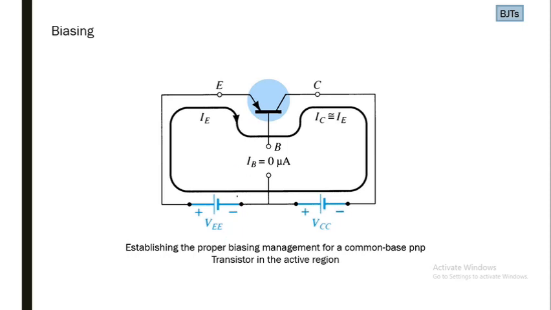In this case, we can see the positive terminal of VEE is connected to the emitter, and the base is at the common point, and the negative terminal of VCC is connected to the collector. So the current established by these two voltage sources is in this direction, which is in accordance with the arrowhead of this emitter terminal.